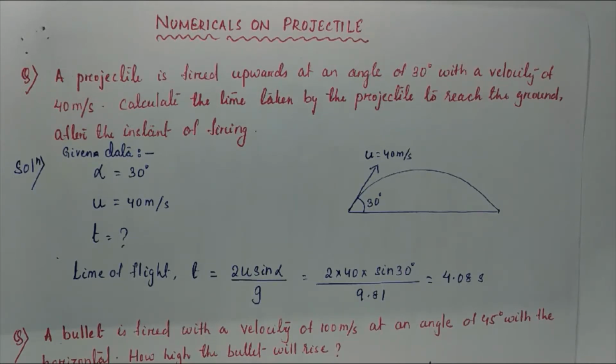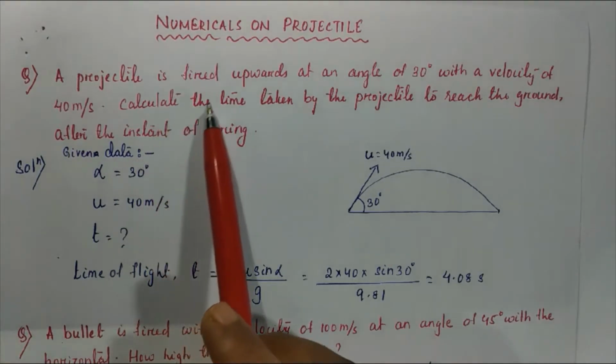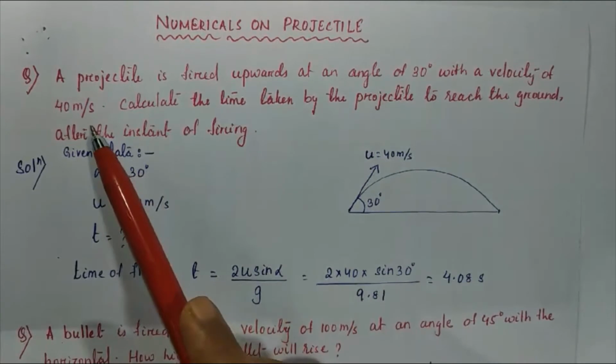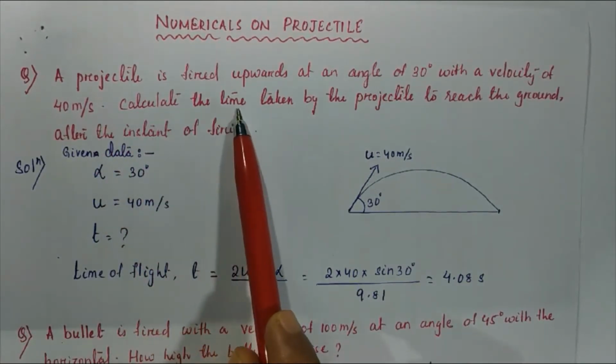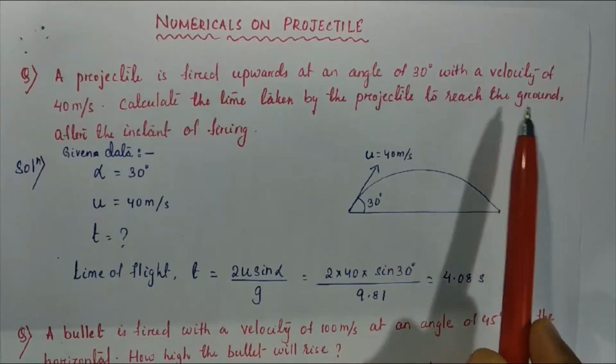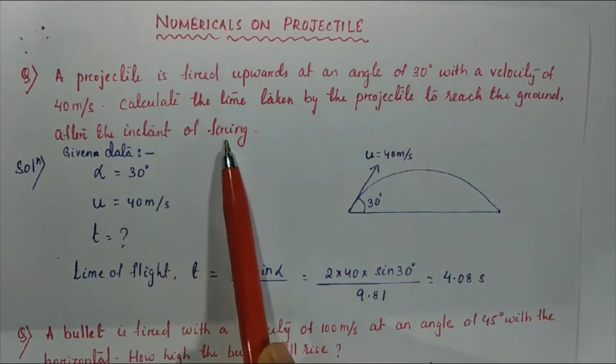So the first question is, a projectile is fired upwards at an angle of 30 degrees with a velocity of 40 meter per second. Calculate the time taken by the projectile to reach the ground after the instant of firing.